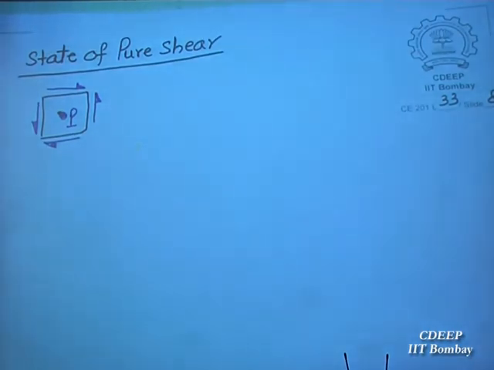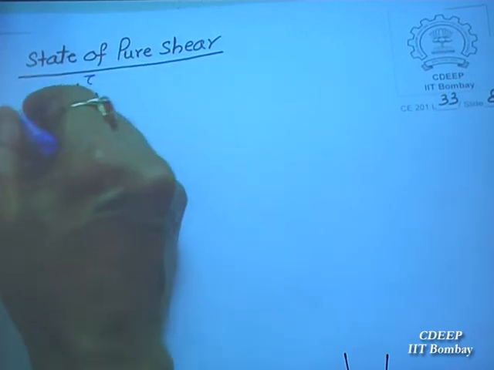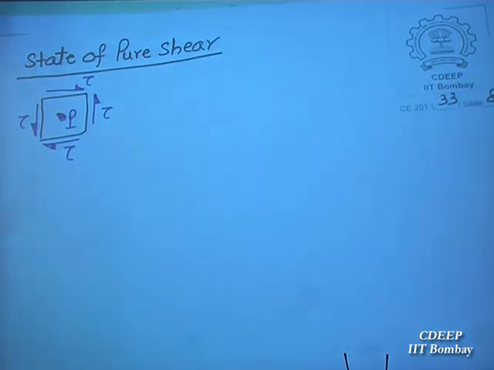You have only shear. Of course, all these must be equal. This has to be equal to this, this has to be equal to this. So let us denote it by this tau, just simple letter tau. There is no normal stress acting in this.